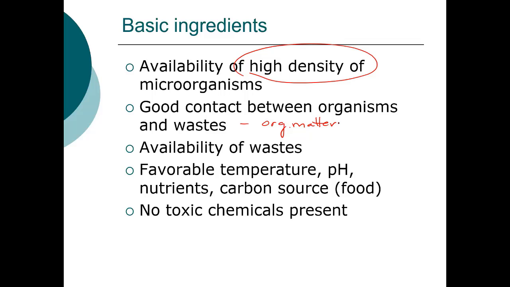We also need to provide a favorable temperature and pH. We need to provide nutrients. We need to have a carbon source, so we need to have food for the microorganisms. And we need to make sure that we don't have any toxic chemicals present. We talked about pre-treatment requirements. This is why we need the pre-treatment requirements.